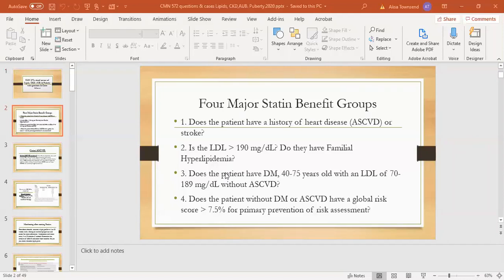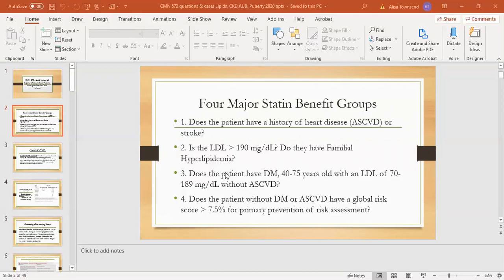For the next question, is the LDL greater than 190 milligrams per deciliter? Do they have familial hyperlipidemia? If so, then you're going to want them on a high intensity statin as well.